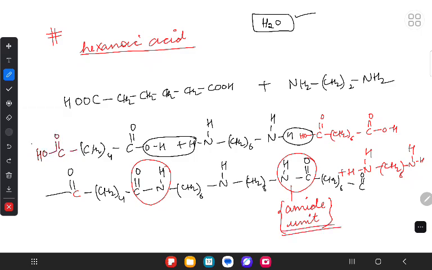Once we have the amide unit, what happens in this amide unit? Just tell me. So we will have this hexanoic acid. Got it or not? What does that mean?